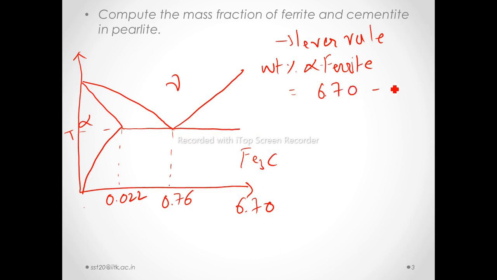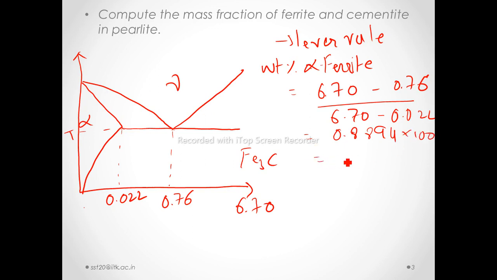That is 6.70 minus 0.76, divided by the whole length of the line, 6.70 minus 0.022. This comes to 0.8894, times 100, that is 88.94 weight percent of alpha.